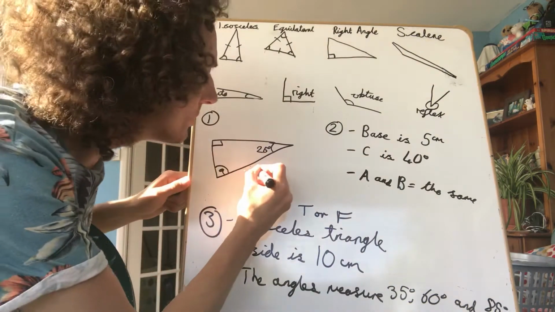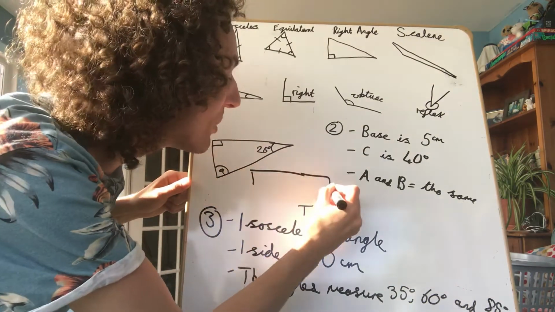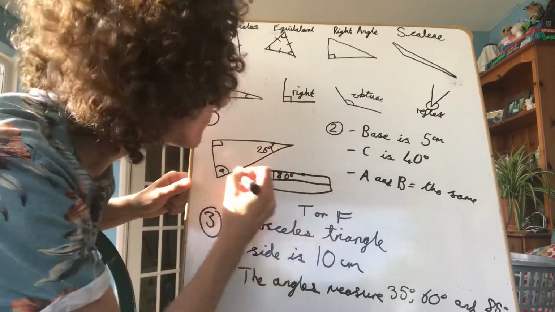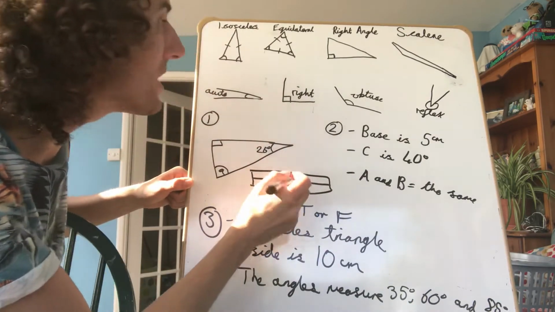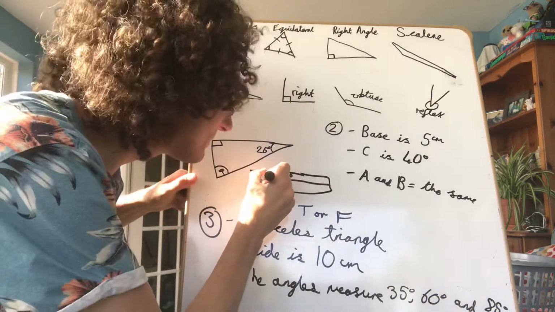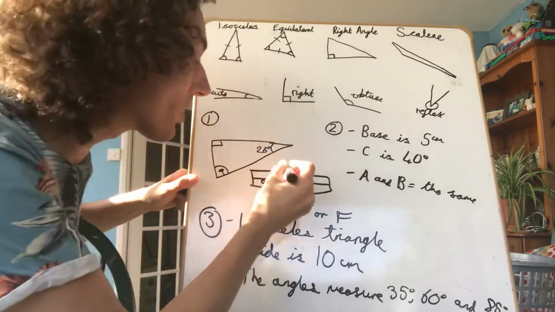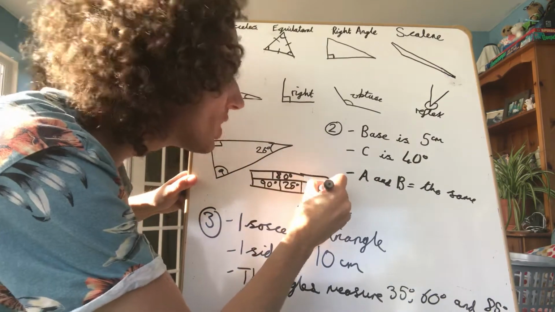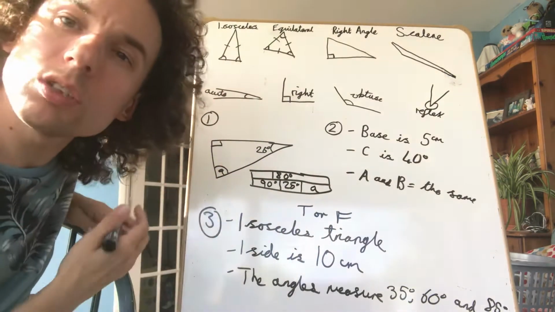So we know, using Messico's favourite bar model, that the total angles in a triangle are 180 degrees. We've got a right angle, which we know is, say it again for me, Arthur, 90 degrees. We know we've got 25 degrees, and we've got A. So how are we going to work out A?